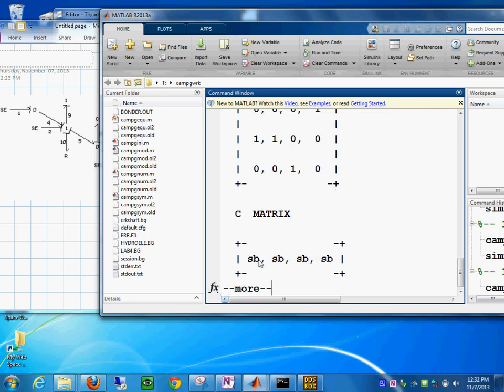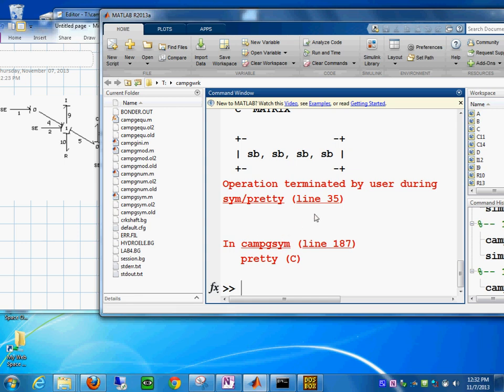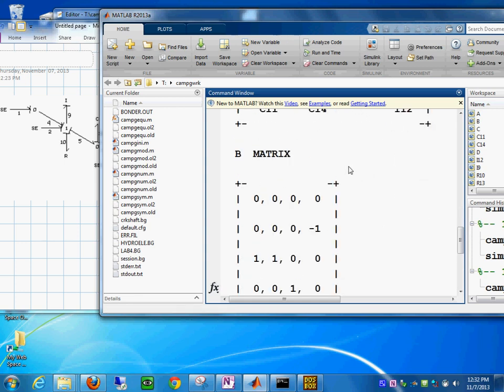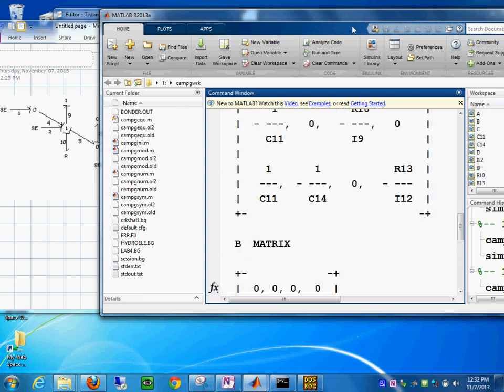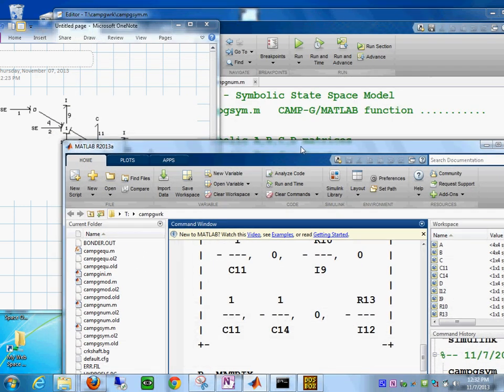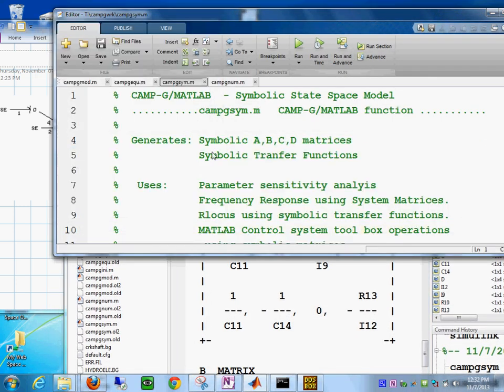Because if you try here, it gives you this generalized notation that says this is going to be a symbolic file, but I don't know what it is. So we need to go back, so that when we run it again, we do it with the correct outputs.